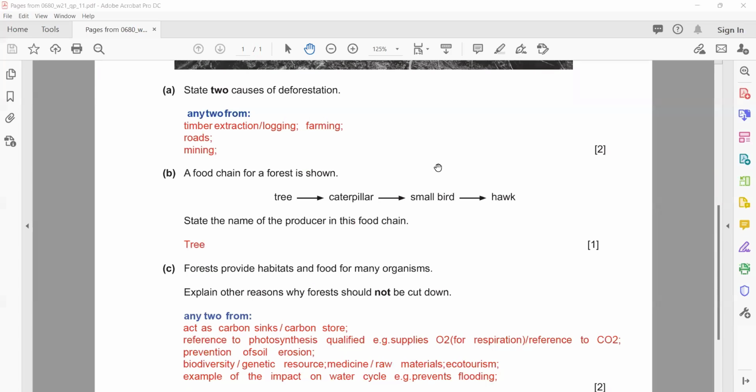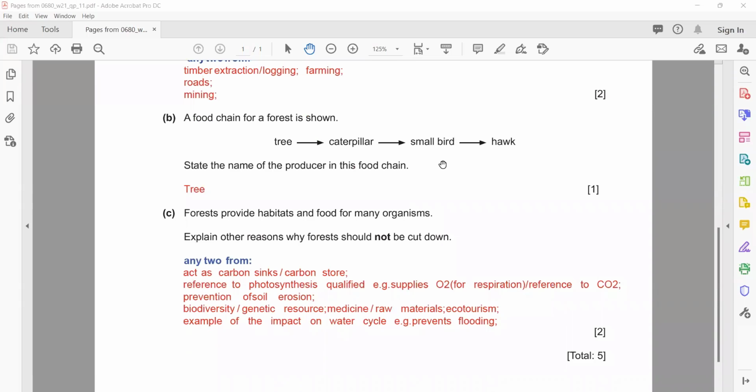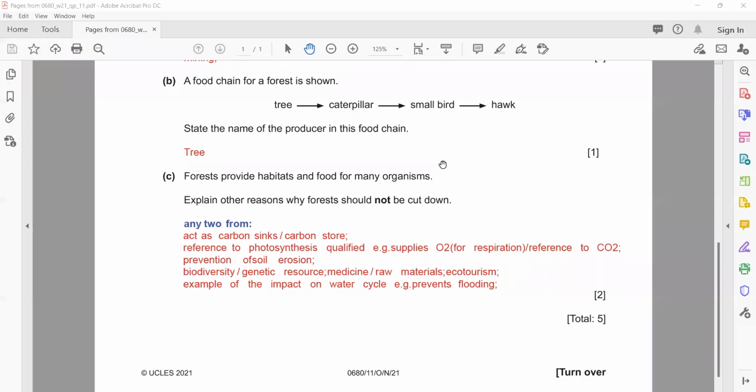So you can write acts as a carbon sink, carbon store, photosynthesis, supplying the oxygen also. Biodiversity, a lot of things, prevents flooding also, the water cycle, they are important.